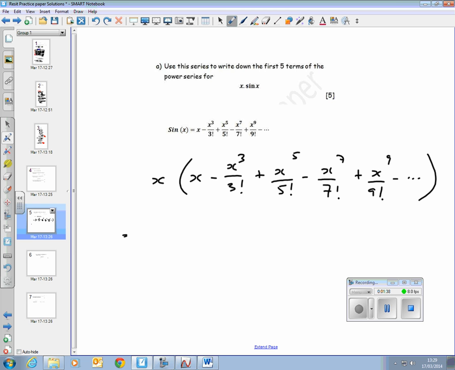So if you think about it, that's going to give me, if I expand out the brackets, x times x is x squared, minus x times x cubed is x to the 4 over 3 factorial. And then the next two, x times x to the 5 will give me x to the 6. X times x to the 7 will give me x to the 8.